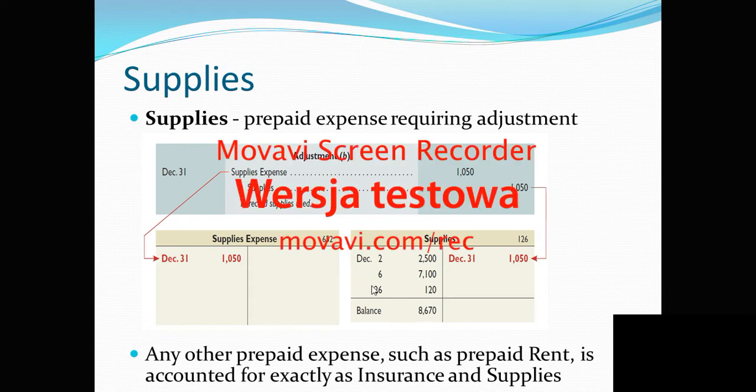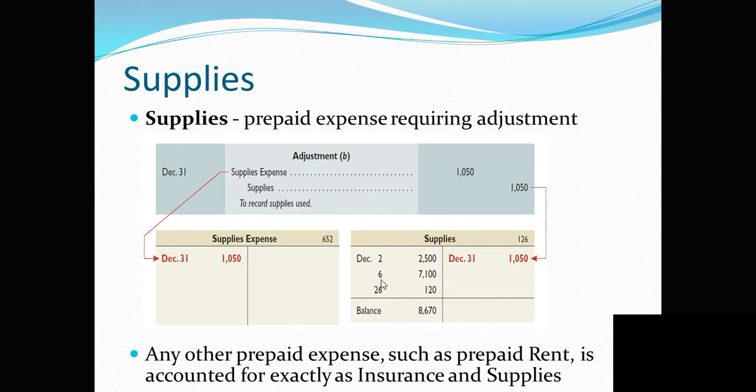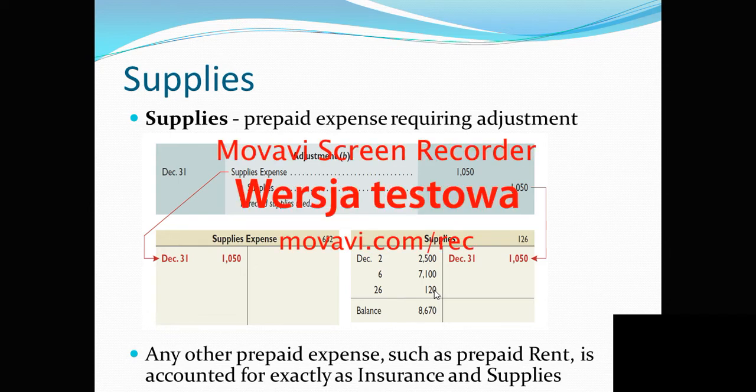So what do these numbers say? On December 2nd, this company purchased $2,500 of supplies. On December 6th, $7,100 of supplies purchased, and on December 26th, $120 of supplies purchased.